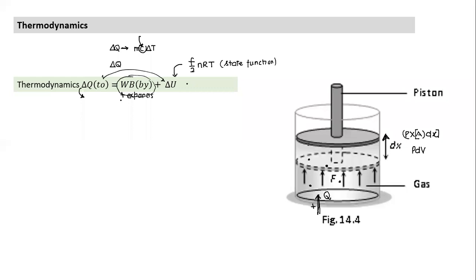If a lot of work is being done, then more heat is required. If no work is done, then less heat is required to change your temperature. So there are two things here. Along with change in temperature, what else is happening in terms of work. It depends on that part.